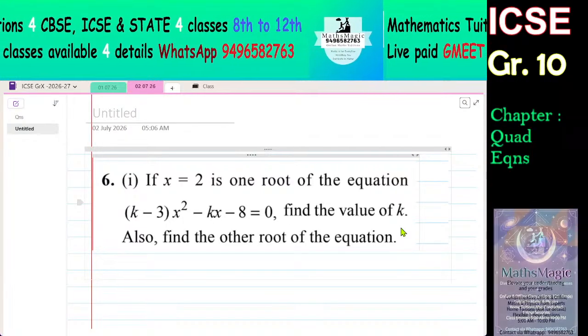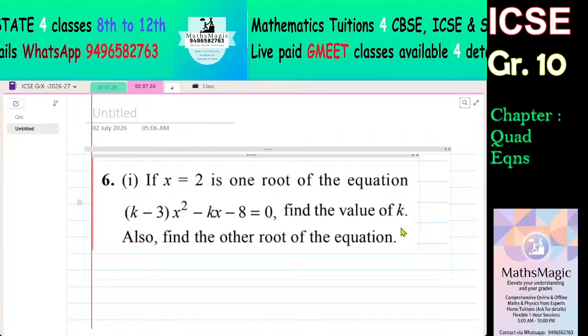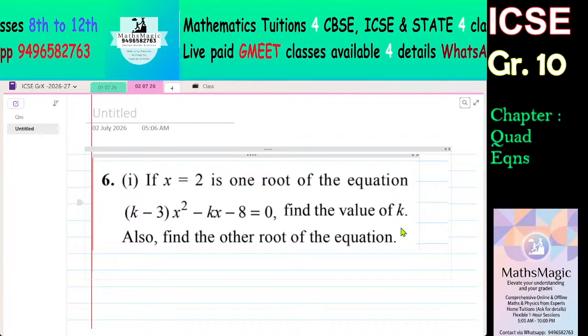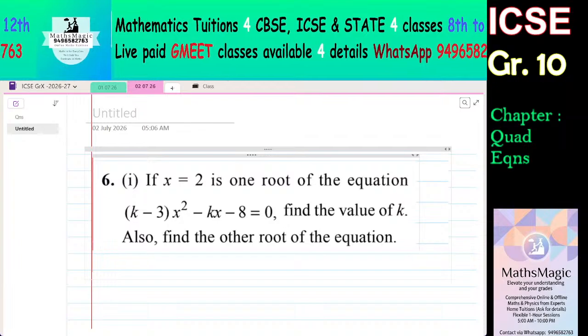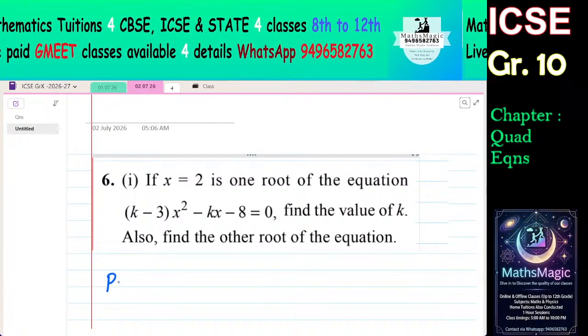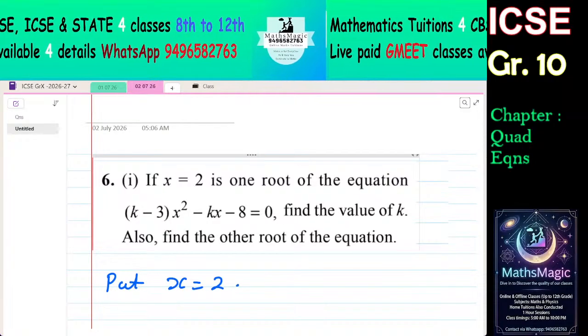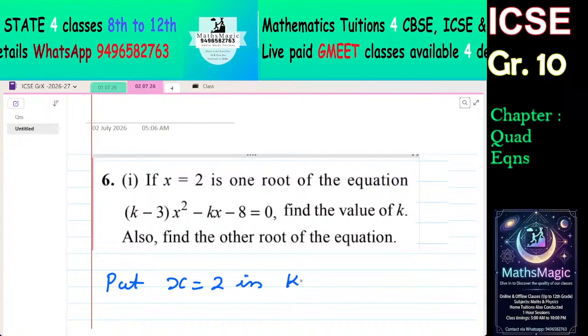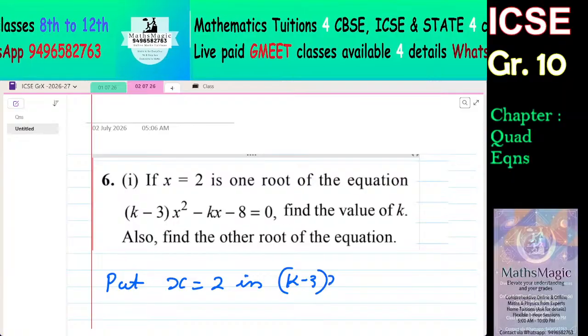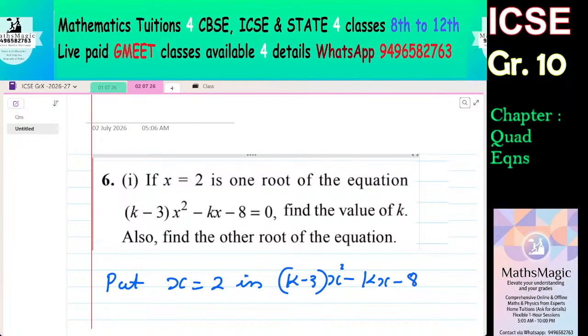Okay, some of you have already completed. Very good, very good. So, for solving, put x equal to 2 in (k minus 3)x squared minus kx minus 8 equal to 0.